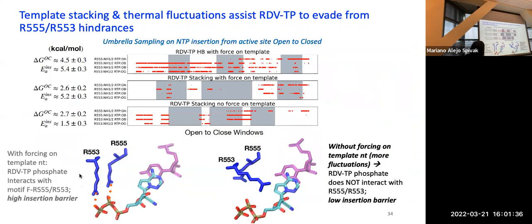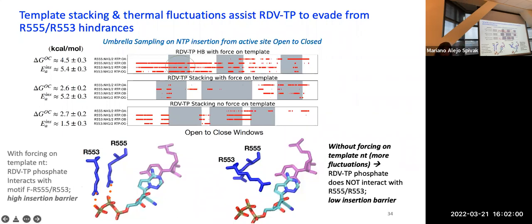So this is open to close. We put this as the reaction coordinate, and along this way we did umbrella sampling. For T7 RNA polymerase, we also used umbrella sampling to calculate the insertion energetics. Let me be faster.